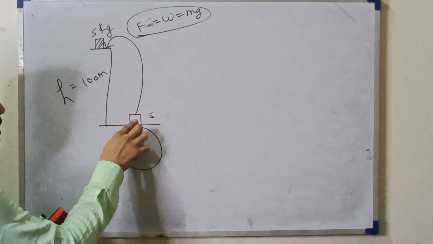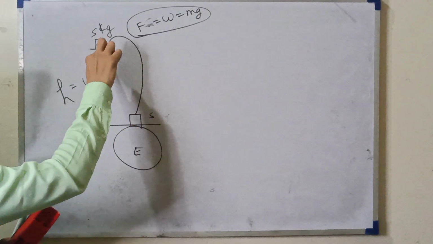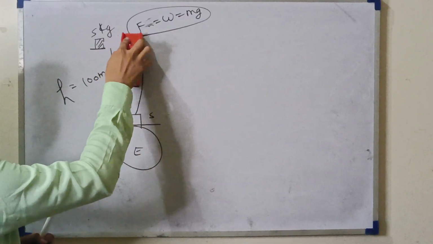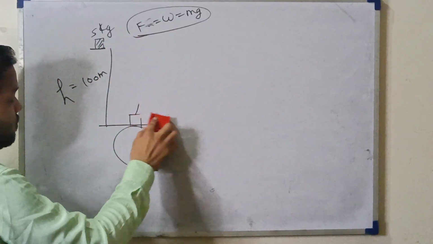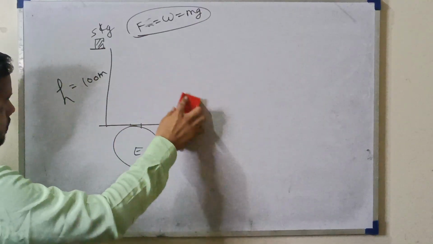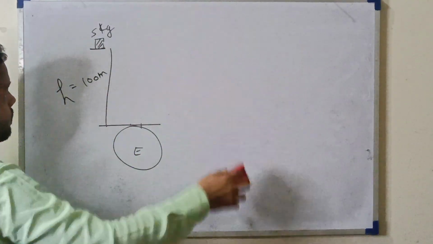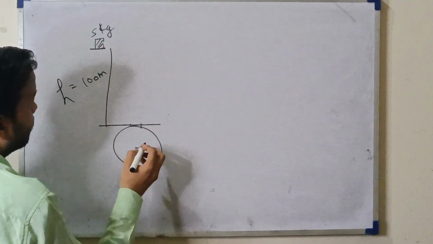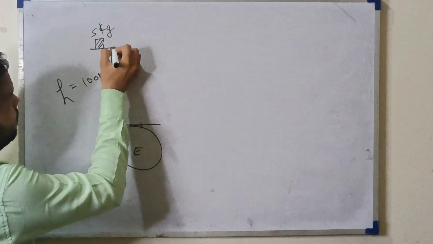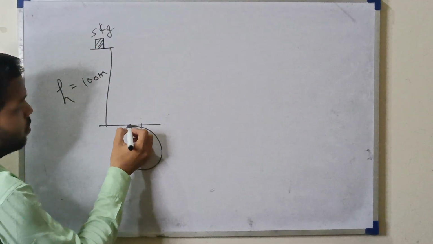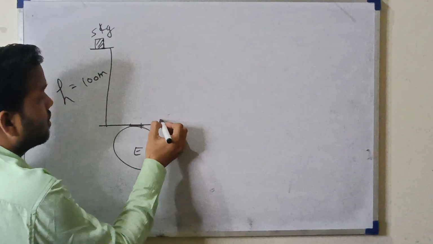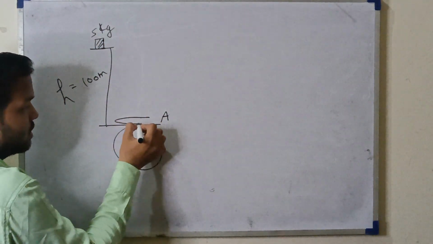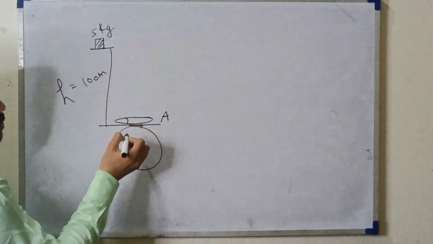Now this object is on the terrace. Suppose there is a person A lying on this surface, this is the head, suppose.